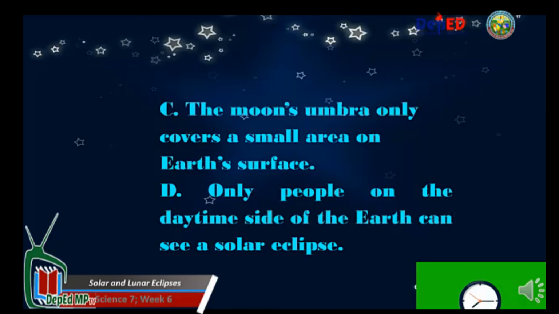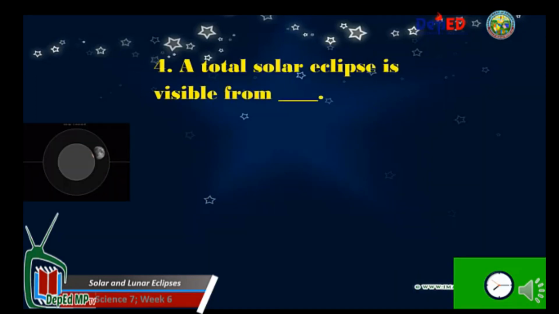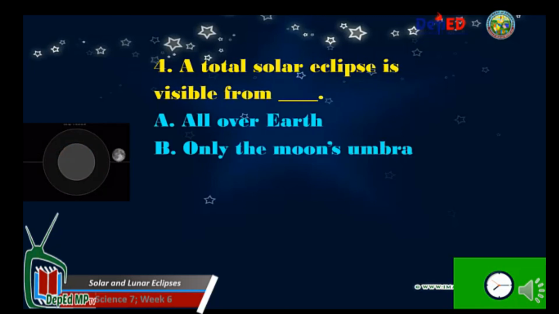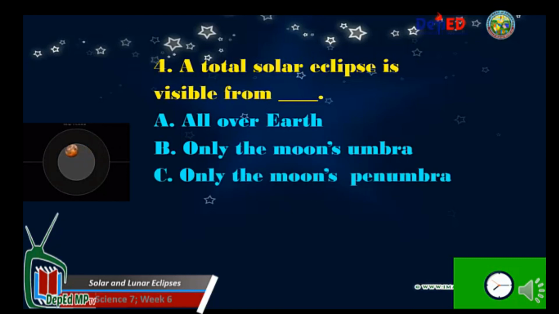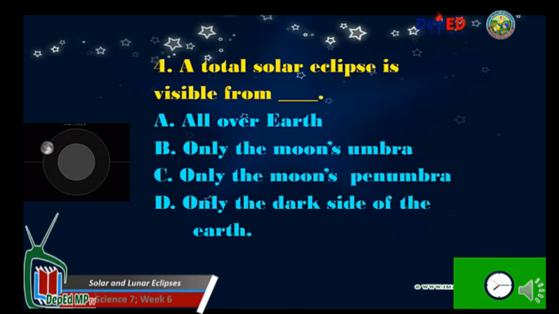D. Only people on the daytime side of the Earth can see a solar eclipse. Number 4. A total solar eclipse is visible from blank. A. All over Earth. B. Only the moon's umbra. C. Only the moon's penumbra. And D. Only the dark side of the Earth.